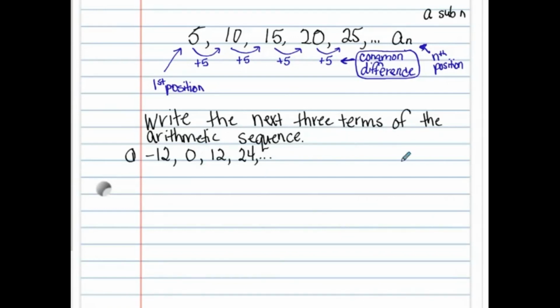The directions say to write the next 3 terms. So first you have to find out what is the pattern, right? What's happening here? It looks like we're adding how much?